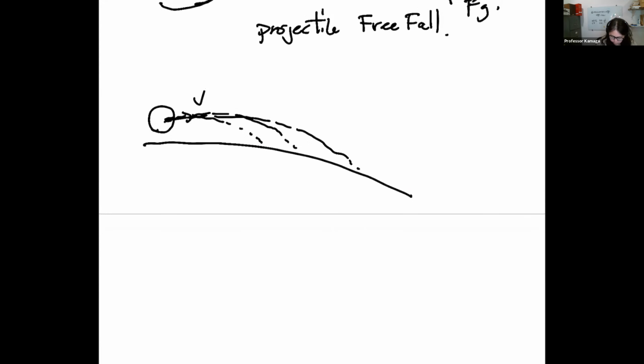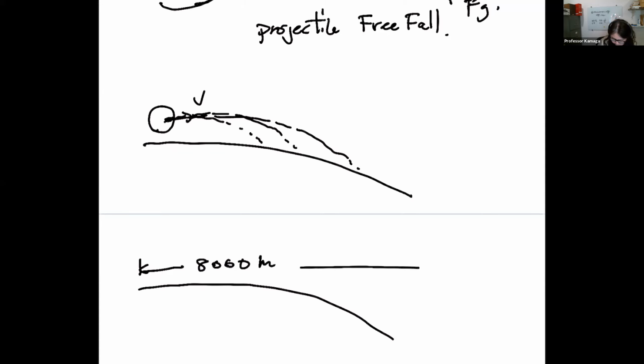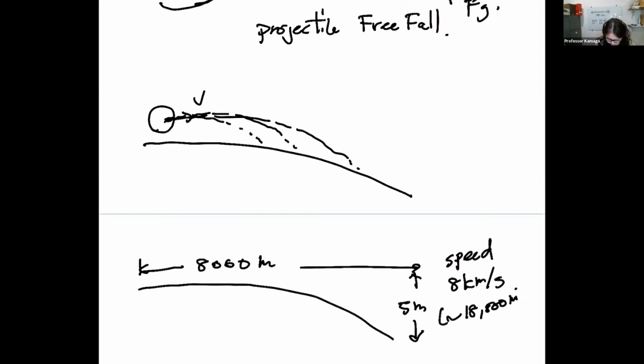So the curvature of the Earth is such that when you move 8,000 meters in the horizontal direction, there is a drop of 5 meters. If your initial speed is 8 kilometers per second, that's about 18,000 miles per hour. So you throw harder and harder and harder.